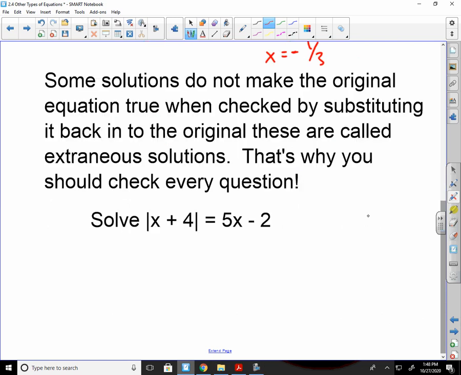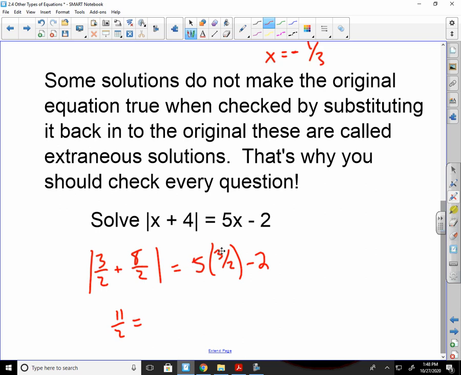If I plug these two solutions back in, 3 halves plus 4. In order to do that, I have to get a common denominator. That would make this 8 over 2. Equals 5 times 3 halves minus 2. 3 plus 8 is 11 over 2.